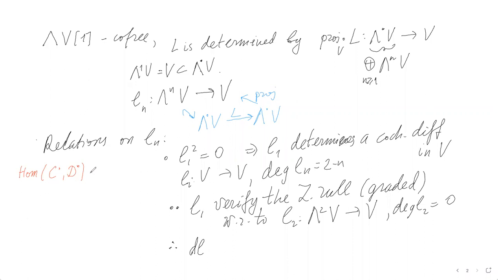So we shall assume that f is a homomorphism here of degree, say, k. This k can be either positive or negative.